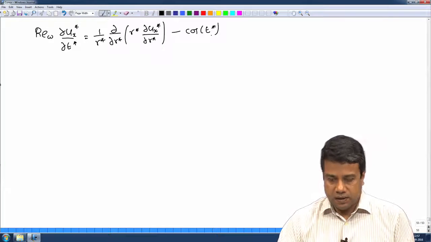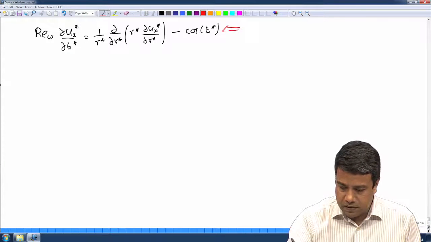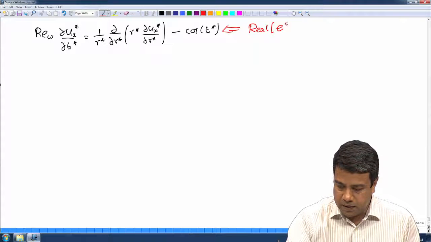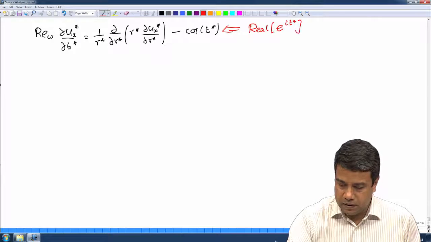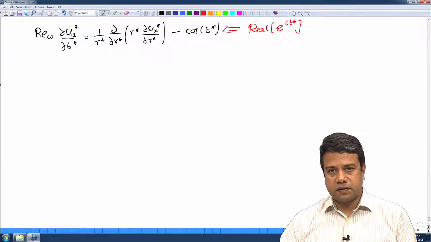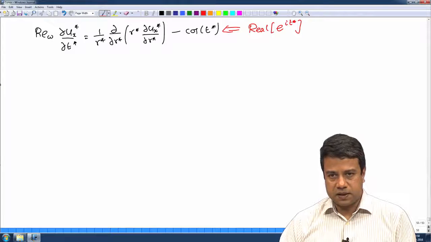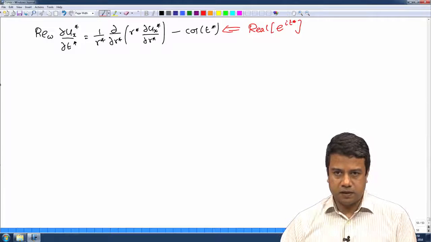This cos t is the real part of e power I t, because e power I t is cos t plus I sin t. So, this is the real part of e power I t.